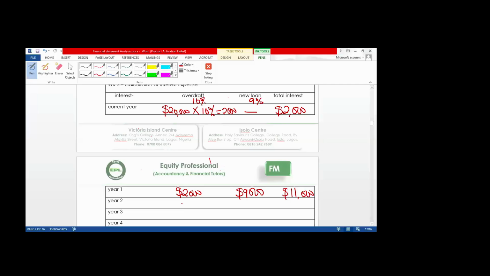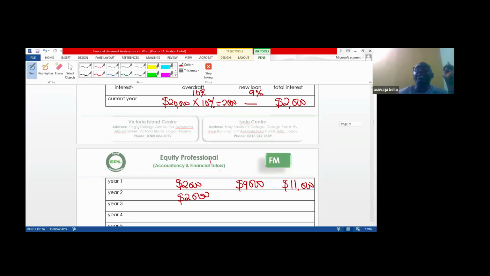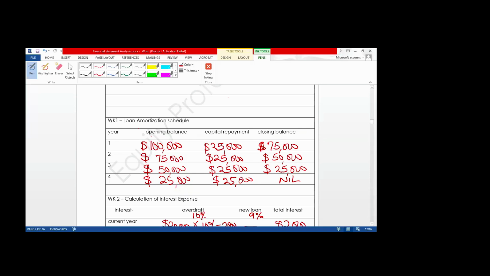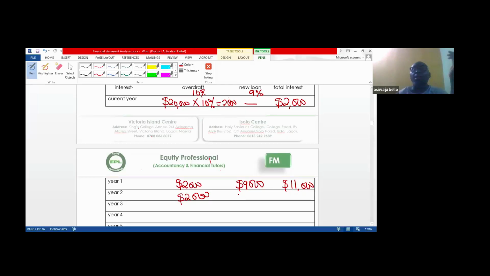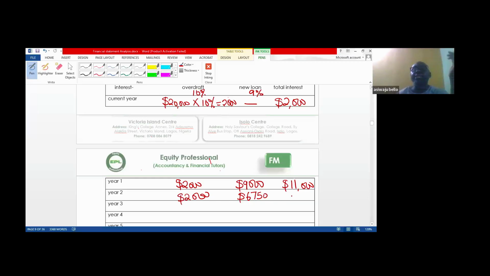Year two, interest on overdraft is the same, $2,000. On new loan, 9% of opening balance, 9% of $75,000. Please compute. 6,750. Totally $8,750.